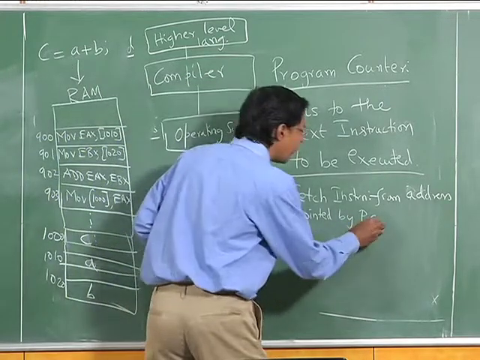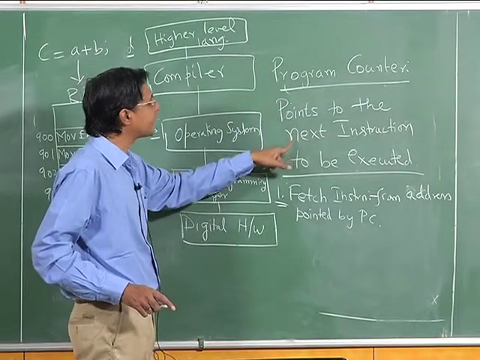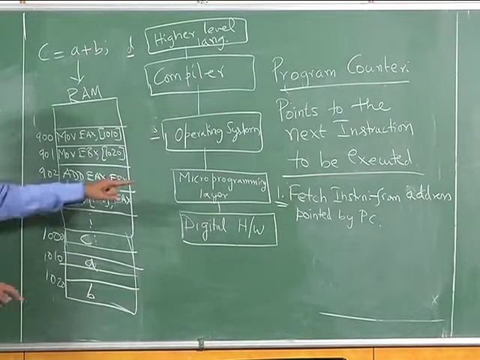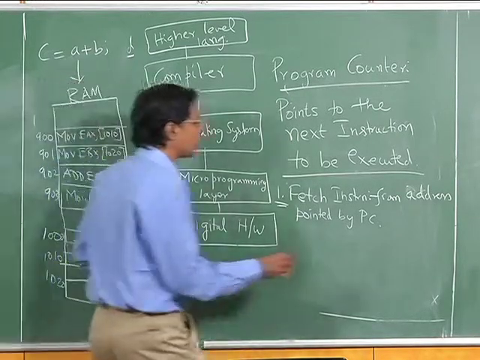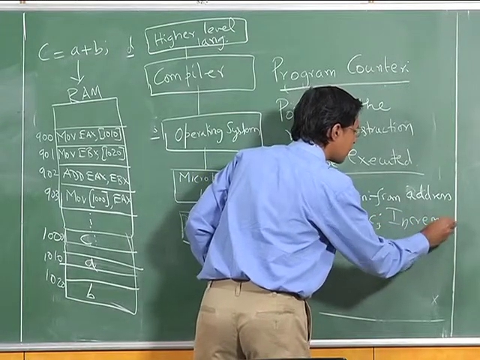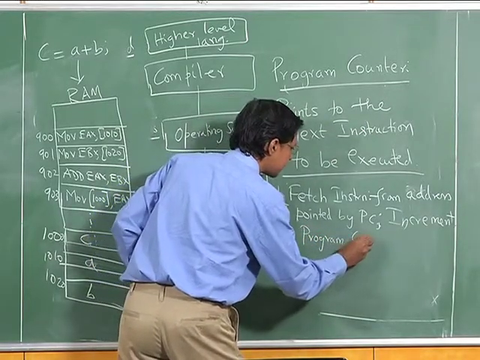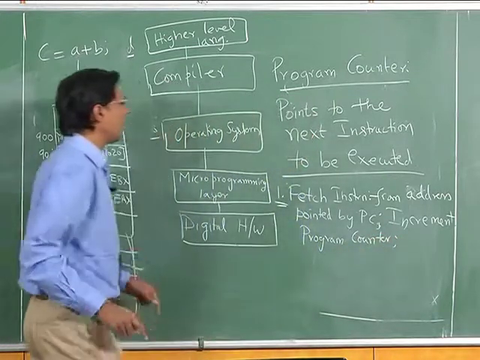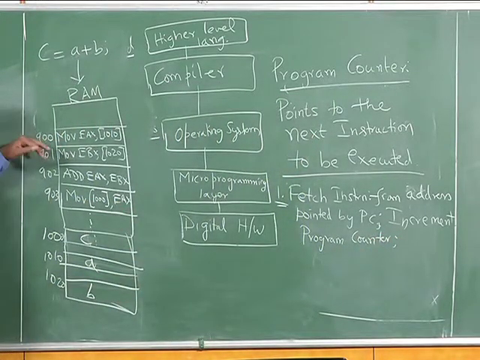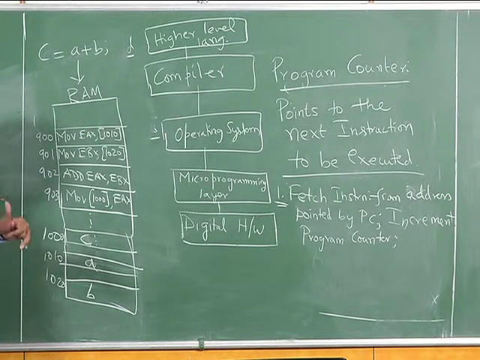Then, as I told you, the program counter always points to the next instruction to be executed, so now your program counter will be incremented. Initially the program counter was pointing to 900 and the instruction in 900, namely move EAX, 1010, has been moved into the CPU. Now your program counter will point to 901.